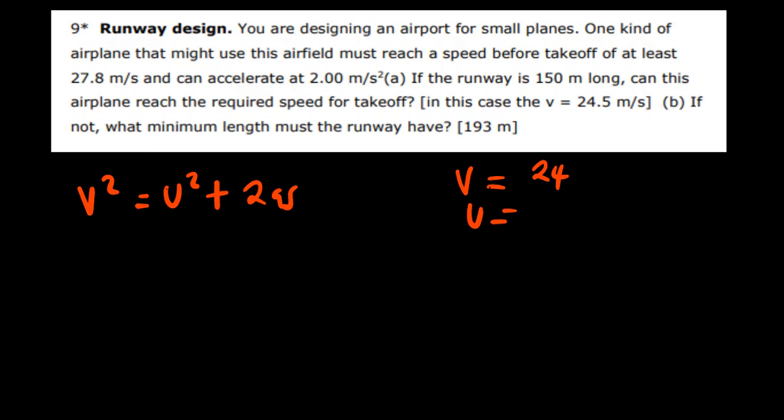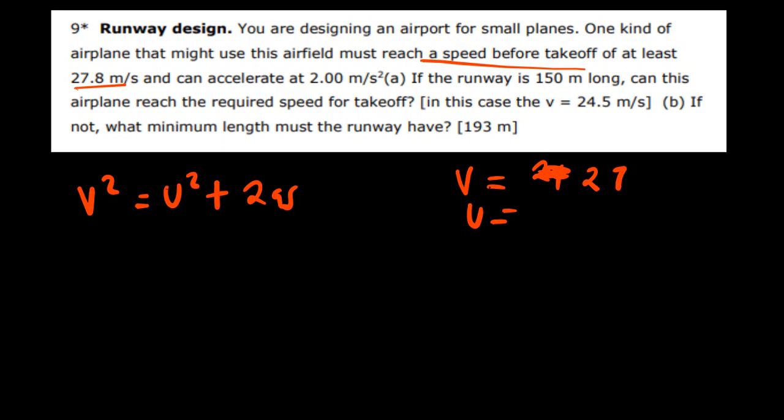So let's see what we have. V is not actually 24. The plane must reach a speed before takeoff of at least 27.8 meters per second, so this will be our final velocity.